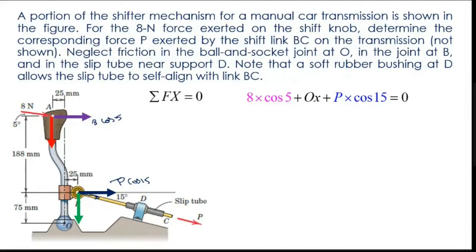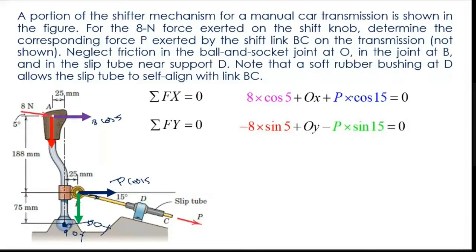And this is a ball and socket joint. It is like your joystick. Wherever you have a joystick, you will have Ox and Oy, two forces, just like your hinge support. So Ox plus this is equal to 0. Similarly, sigma Fy is equal to 0. I am equating it and getting it like this.